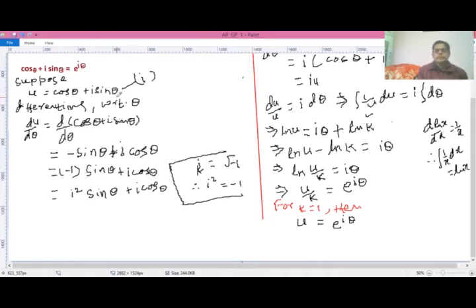So therefore you can write here that cos theta plus I sin theta equals e to the power I theta. Okay, and here e to the power I theta will be called the Euler's number.